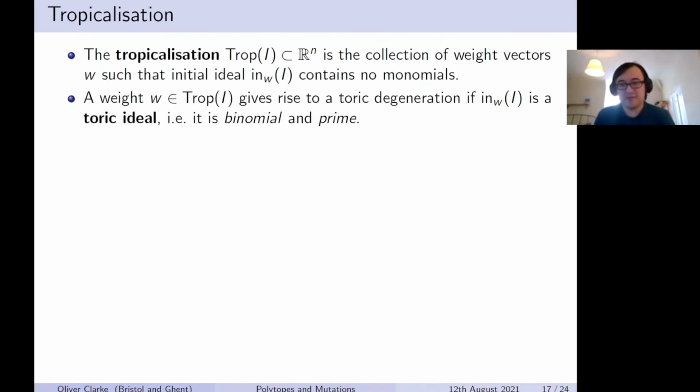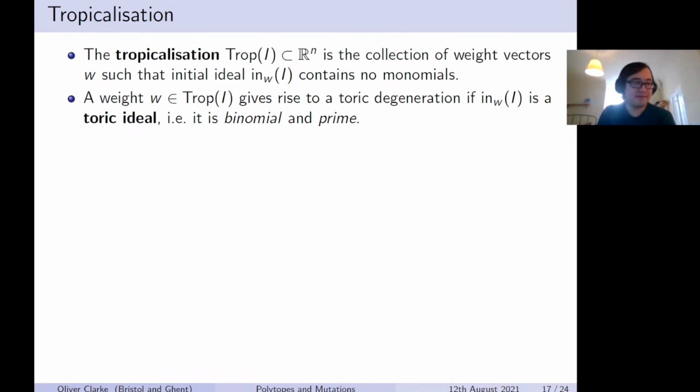So using Gröbner degeneration, we have that a weight W gives us a toric degeneration if the initial ideal with respect to W is a toric ideal. So toric is equivalent to saying that it's generated by binomials and it's a prime ideal.